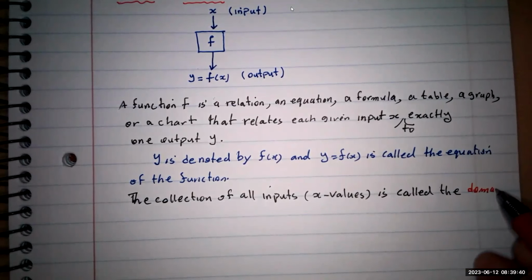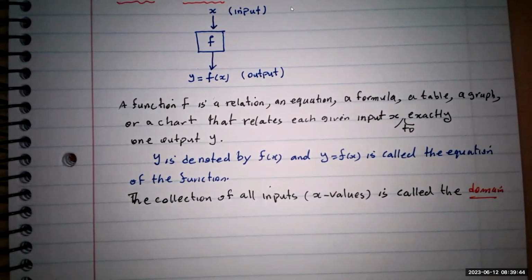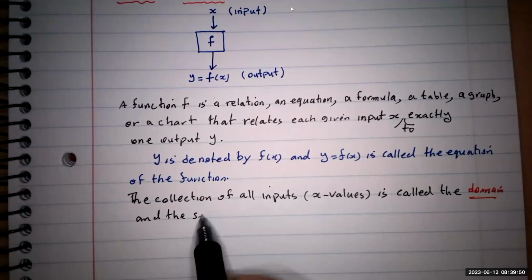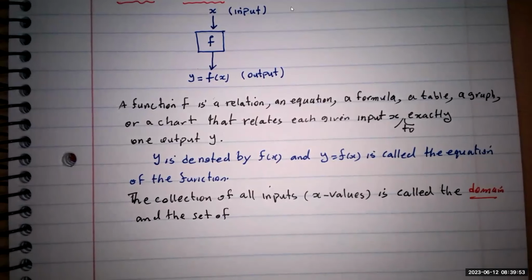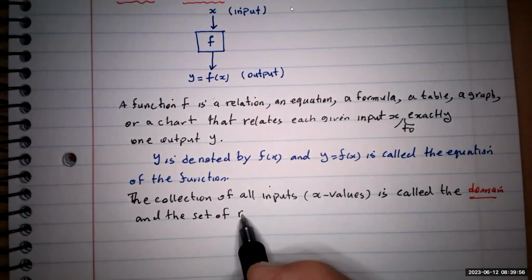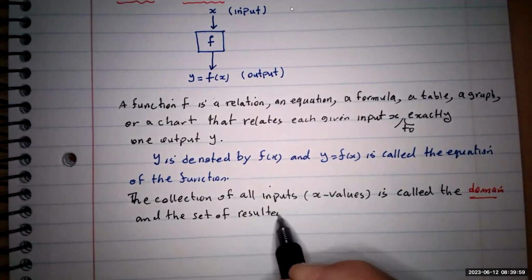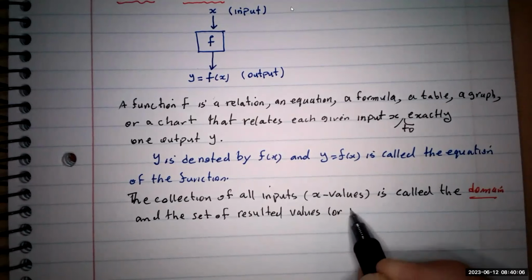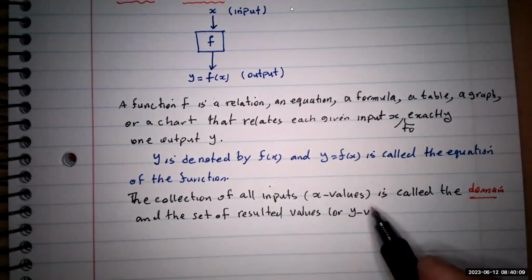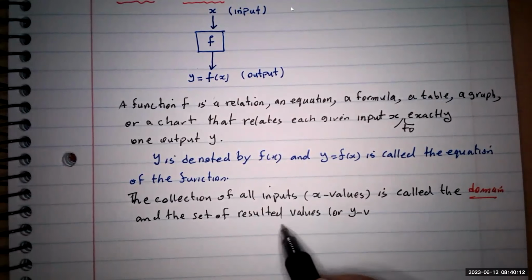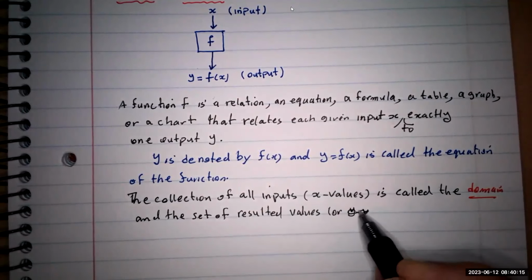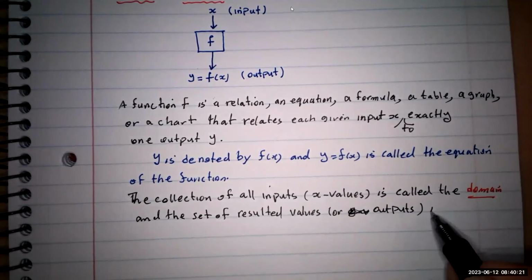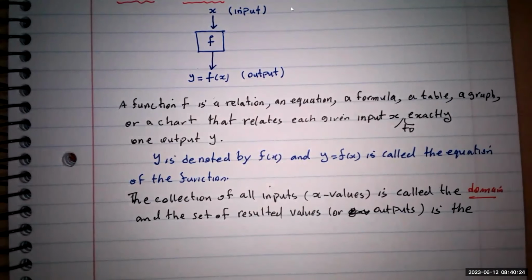And the set of all resulting values, which is the same as the y values or f of x values, or let's say outputs, is going to be called the range of the function.